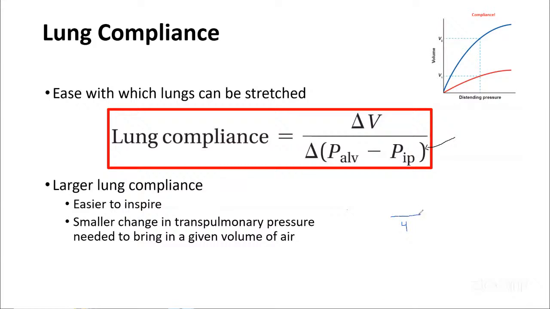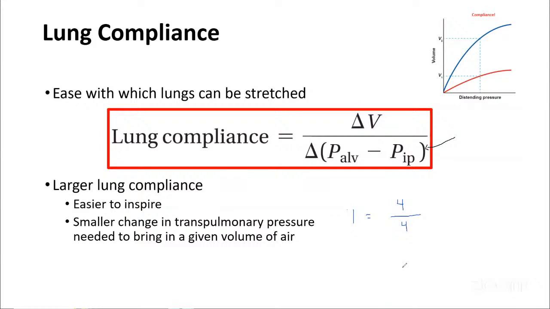If we have a lung that has a compliance of, let's just say 1, we're doing some fake numbers. And we have this pressure difference of 4 for our transpulmonary pressure, we're going to get a volume change of 4. That's how that works. 4 divided by 4 is 1.